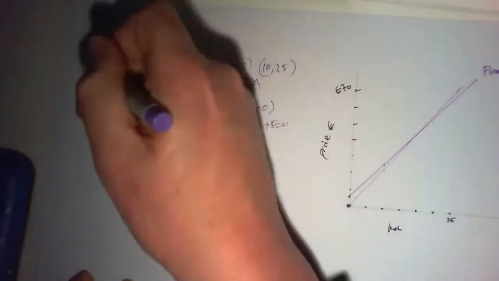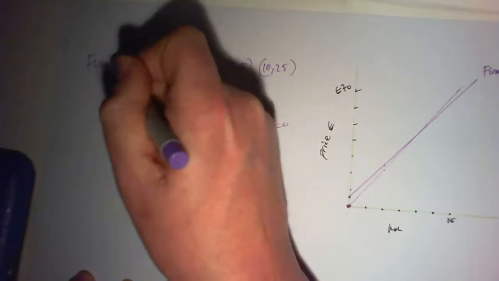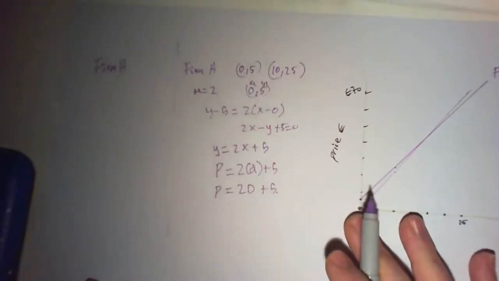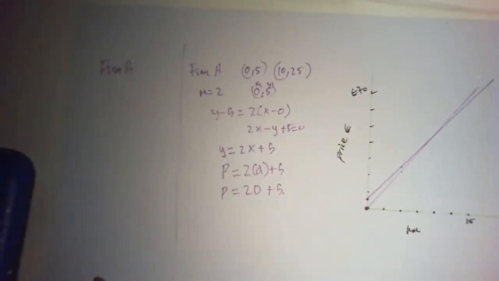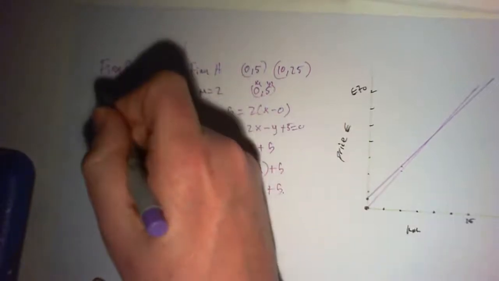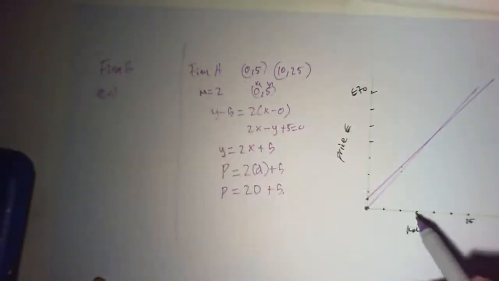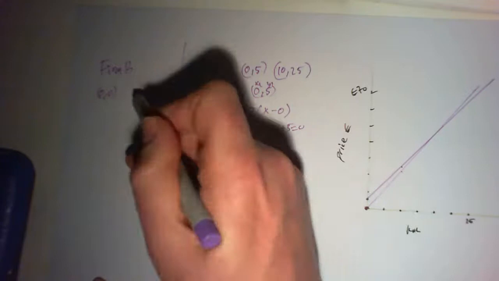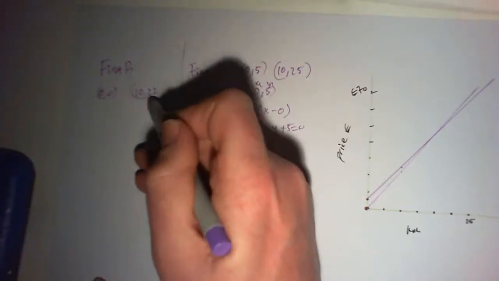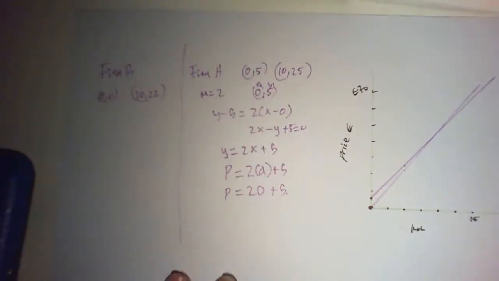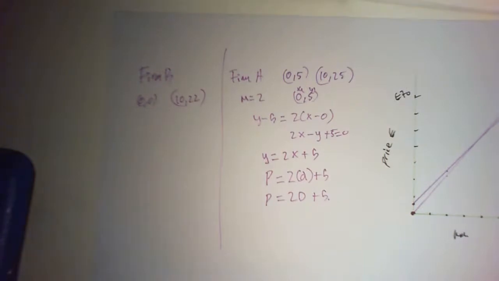Okay, firm B. We have coordinates for firm B. We have 0 and 0, and we have 10 and 22. So we're going to do the same thing again. We're going to find the slope. Once we've found the slope, we're going to use the easier of the 2 sets of points.